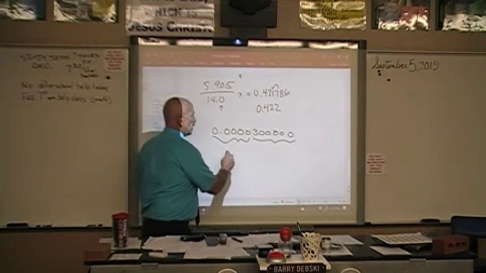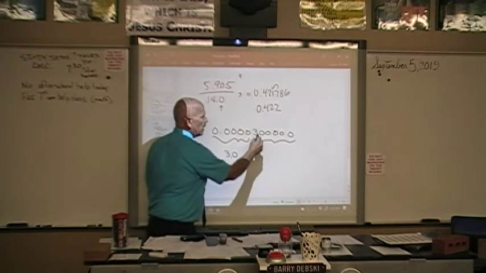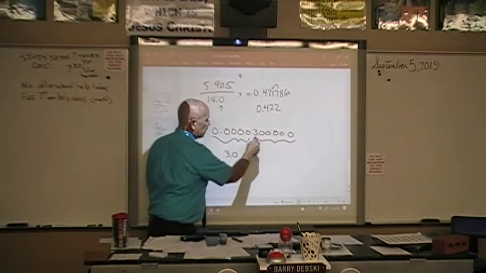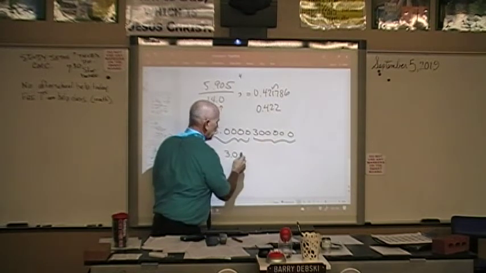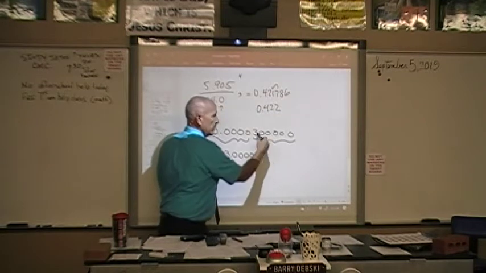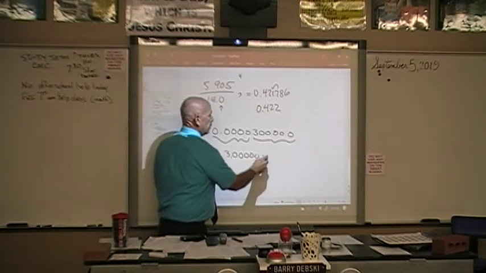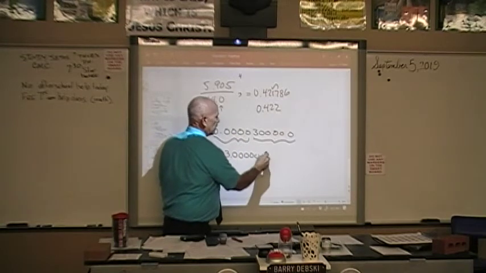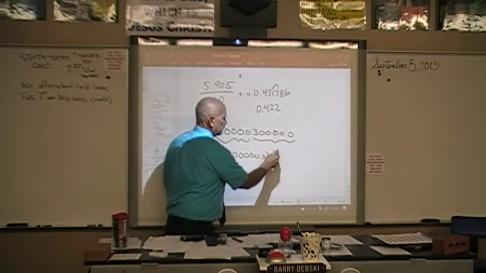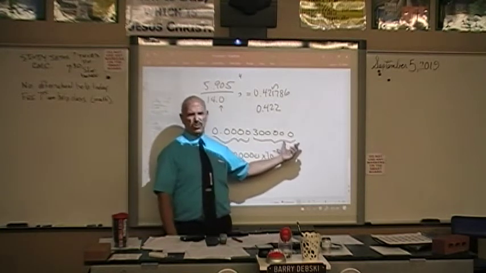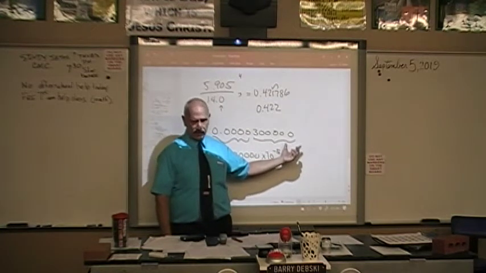Because I can actually change this into scientific notation. 3.0 times 10 to the, it'd be 3.00000. This number says I can measure all the way out to that place. But in this case, it's going to be times 10 to the negative fifth. Okay, placeholders in front, trailing zeros are significant.